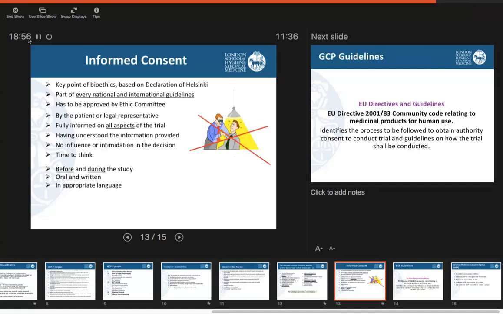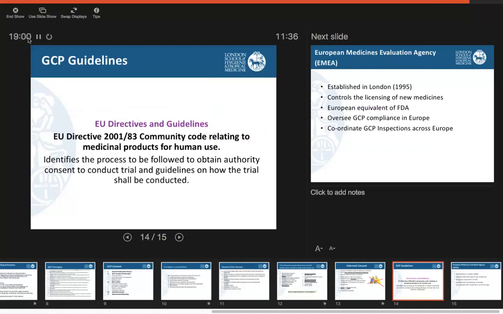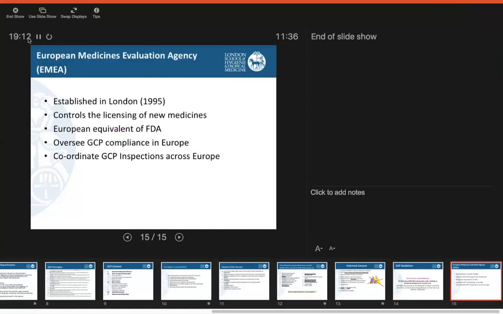In terms of the EU directive, there are now agencies that identify the procedures to be followed, consent, etc., and the European Medicines Evaluation Agency (EMEA) will do random checks on these procedures for drug trials. But what we hope with our study is that we send external monitors to the sites to make sure that everything is compliant.